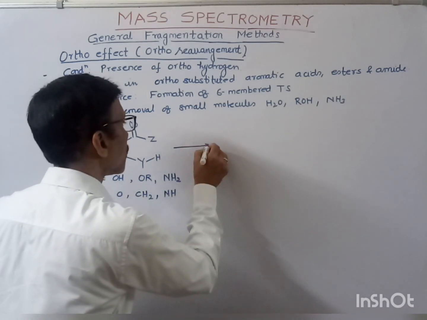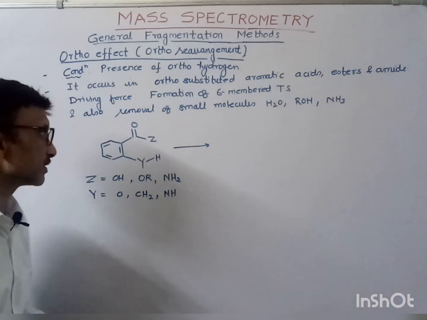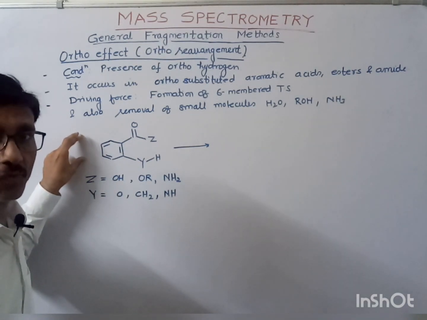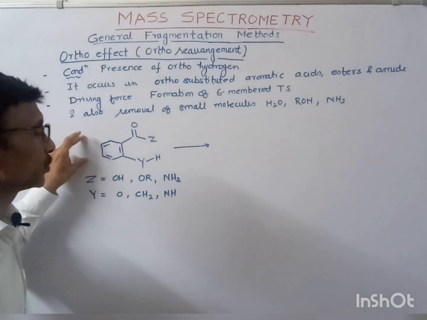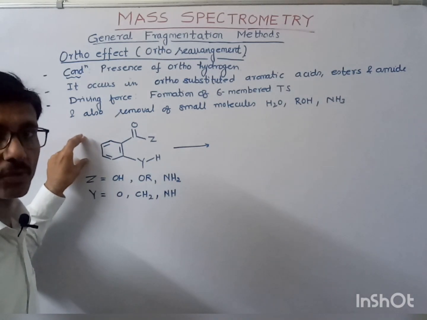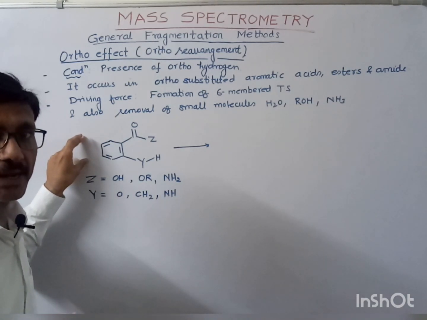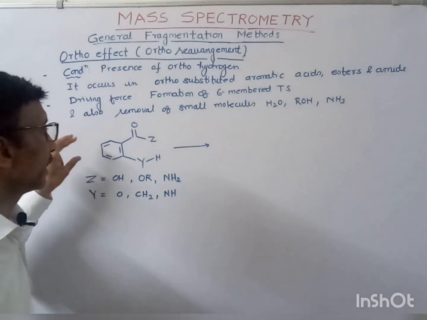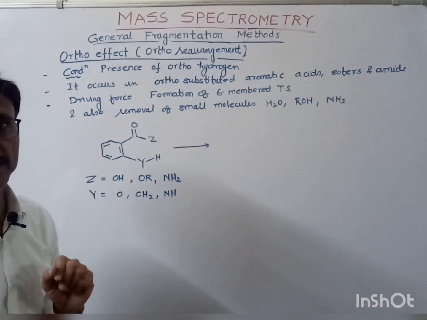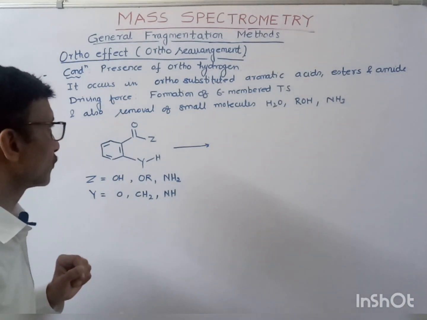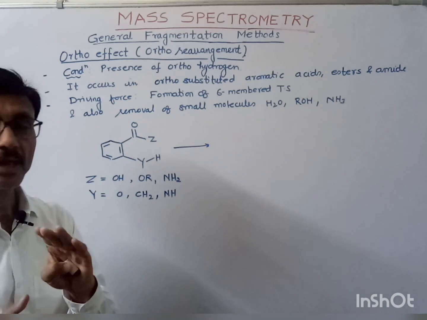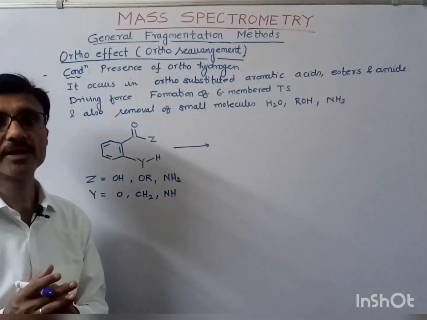During the rearrangement, the removal of these molecules will take place, and let us see how the ortho rearrangement takes place. So this is our molecule. First of all, the molecule is converted into the gas form, which means it is vaporized in the mass spectrometer, and then it is ionized at 10 to 15 electron volts. When it ionizes, one electron is removed, the most loosely held electron.